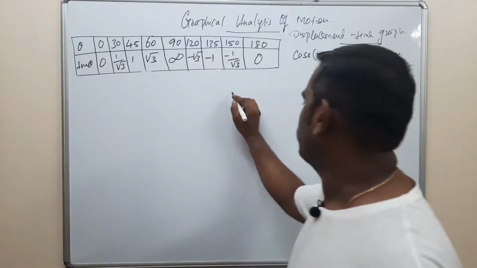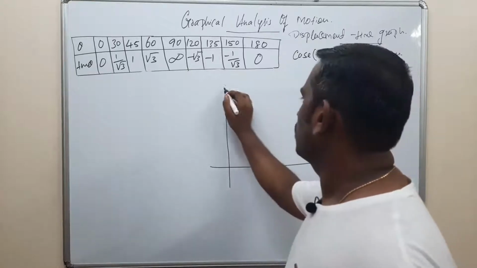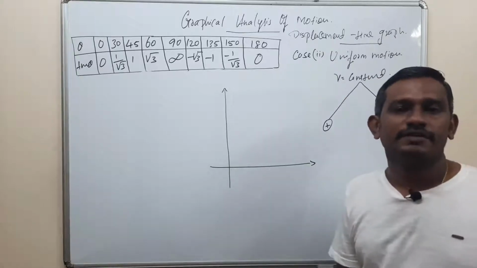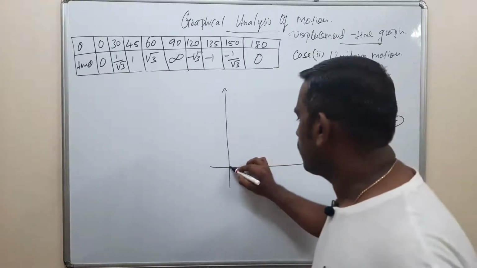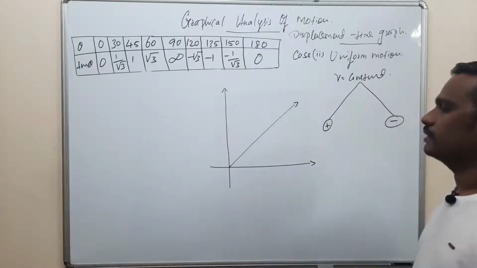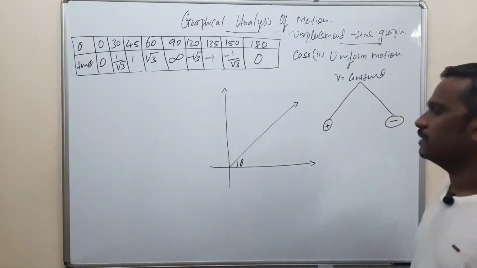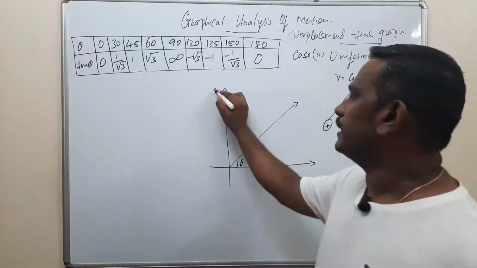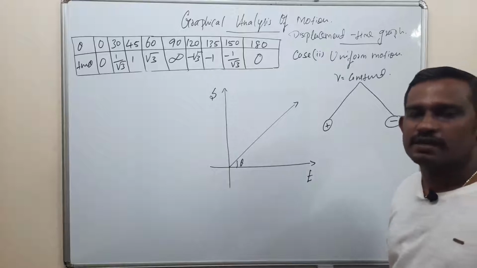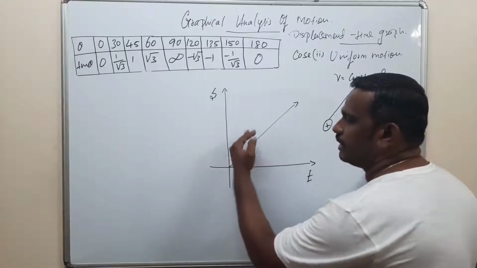So, the displacement time graph. The slope of the displacement time graph gives the velocity. This graph makes an angle theta.